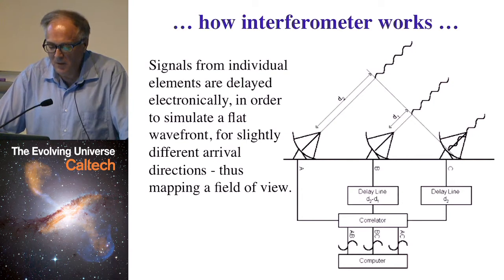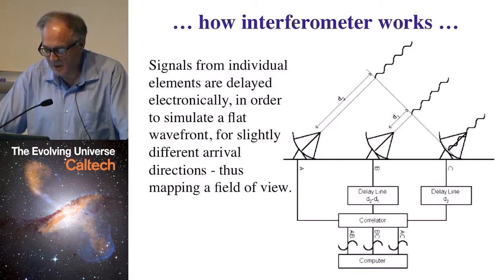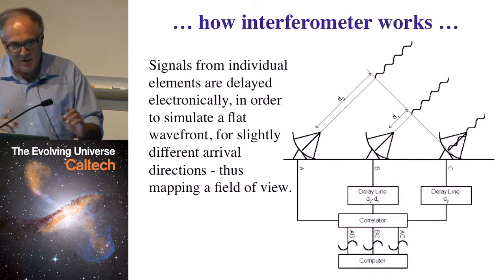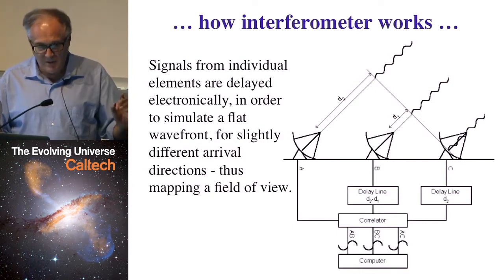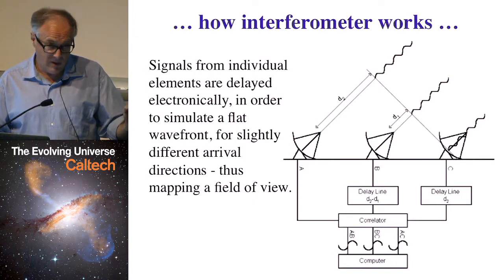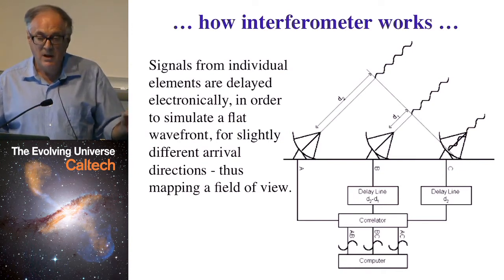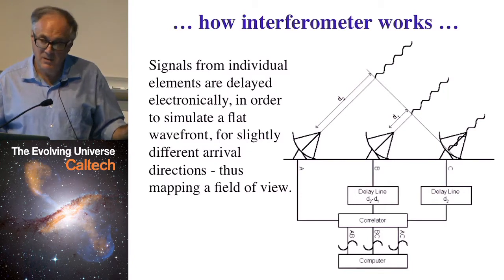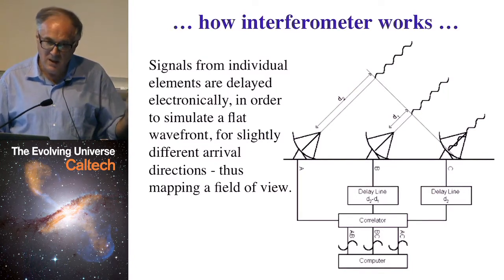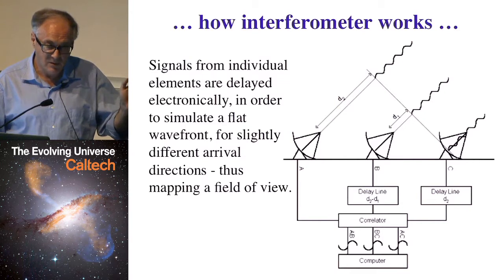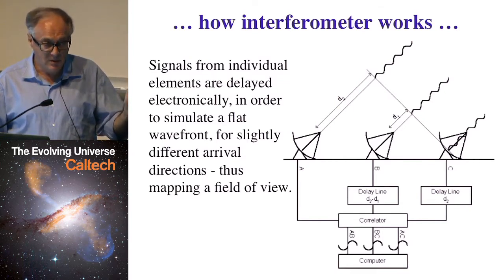However, if you can connect your individual dishes in a coherent fashion, and you can time things exactly, then you can achieve the angular resolution that corresponds to the largest separation you can have. And those are called baselines. So if you can spread your radio antennae over tens of kilometers, this is as if you had a radio telescope of that size. I mean, you're still limited by the same collecting area, the sum of all individual antennae, but the angular resolution that can be achieved corresponds to the biggest baselines.